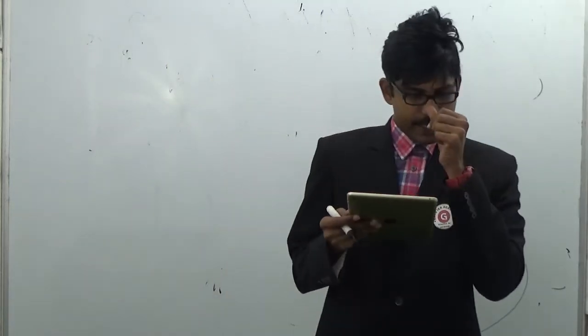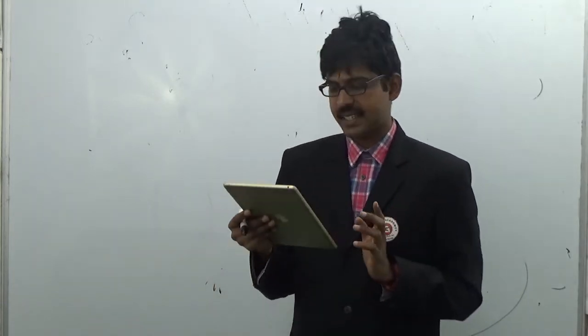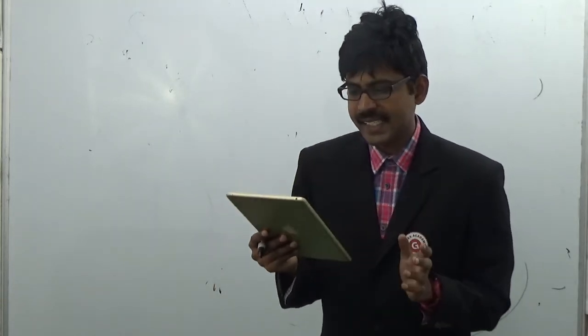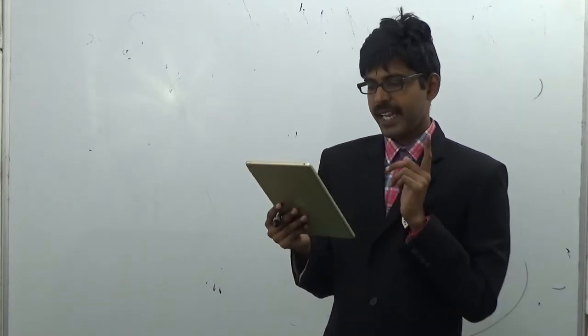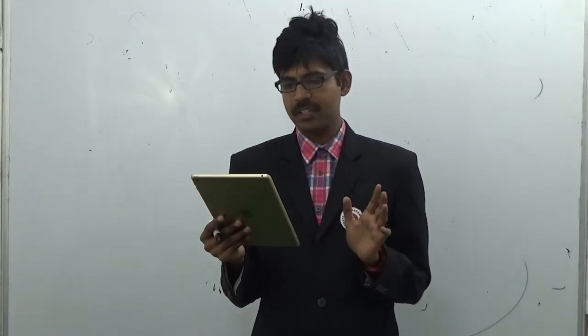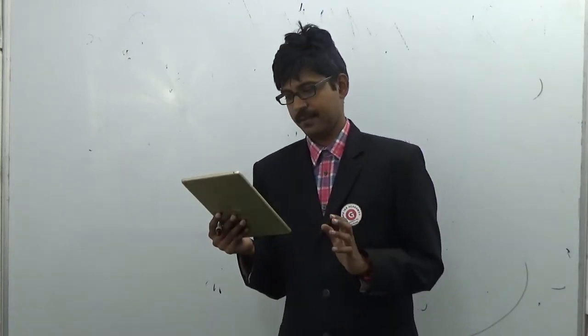Now coming to another question, it's a 2007 question. The electron and hole concentration in an intrinsic semiconductor is Ni at 300 Kelvin. If acceptor impurities are introduced with a concentration of Na, the electron concentration per centimeter cube at 300 Kelvin is?